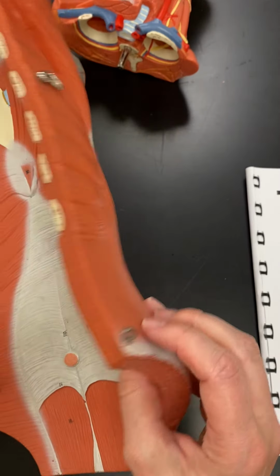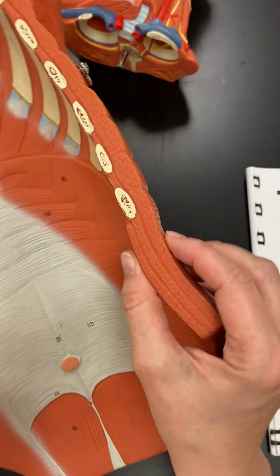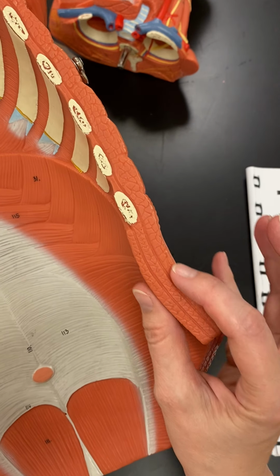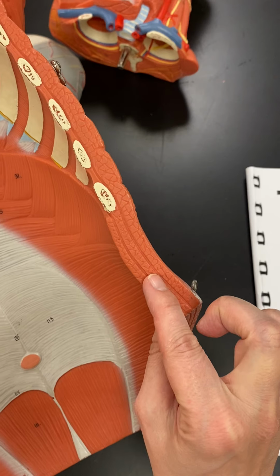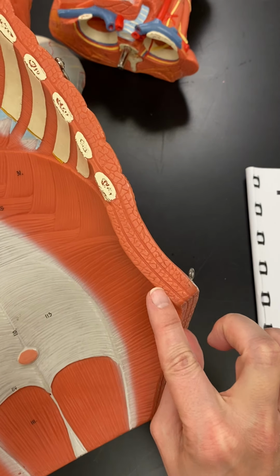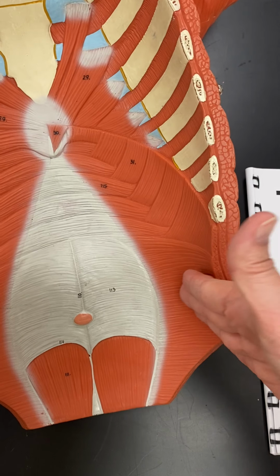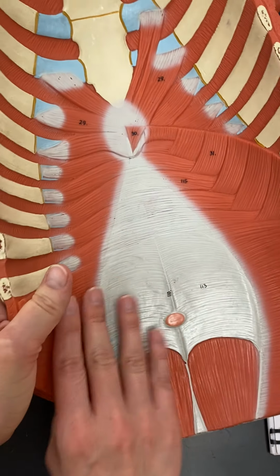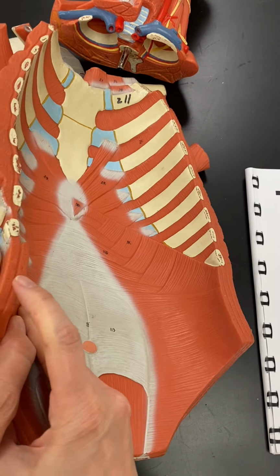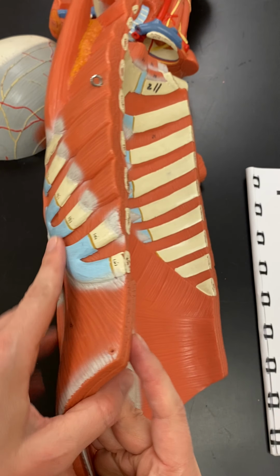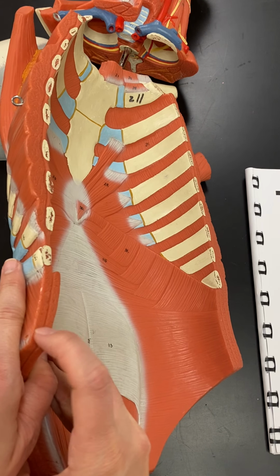And you can see on this side with the external intercostal that there's 3 layers here. You've got external intercostal, internal intercostal, and transversus abdominis. This is your transversus abdominis, and the fibers do run transversely. And you can see on this side where the external intercostal has been removed, there are only 2 layers.